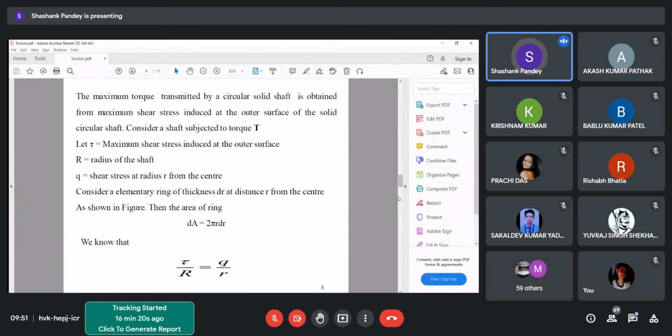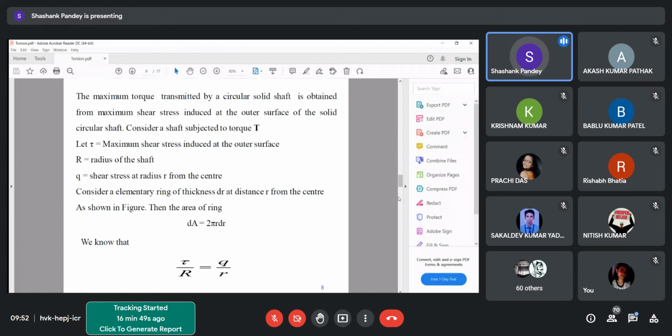Consider a shaft subjected to torque T. We are always interested in determining the maximum value, so we assume tau to be the maximum shear stress, which occurs at the extreme, that is the outer surface, where the radius of the shaft is capital R, and let q be the shear stress at distance r from the center.